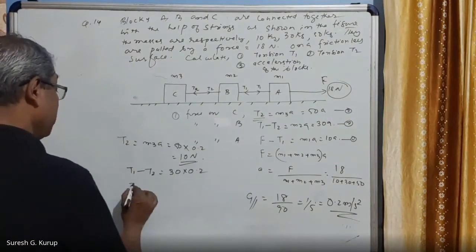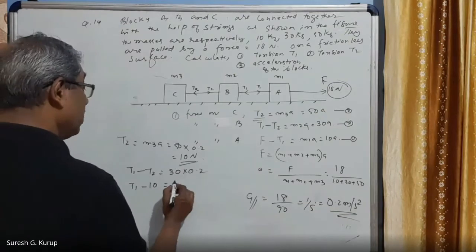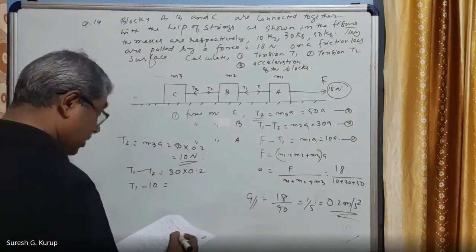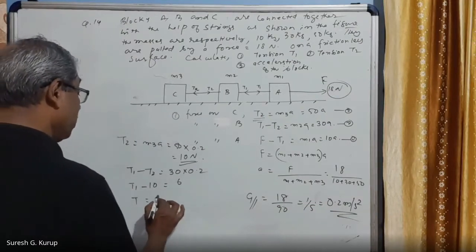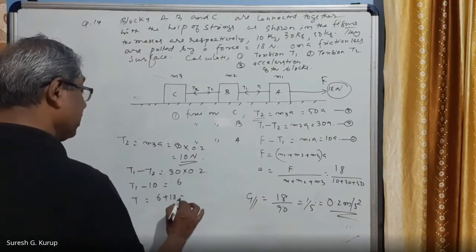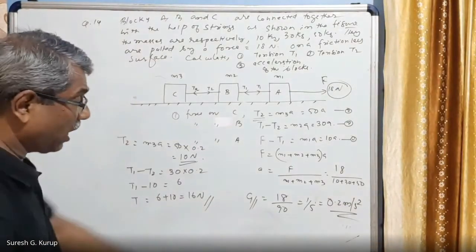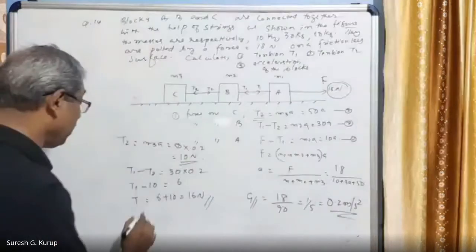That is T1 minus T2 means 10 is equal to 30 into 0.2, that is equal to 6. Therefore, T1 is equal to 6 plus 10. That is equal to 16 Newton. All the values, acceleration found, T2 found, and also T1 found.